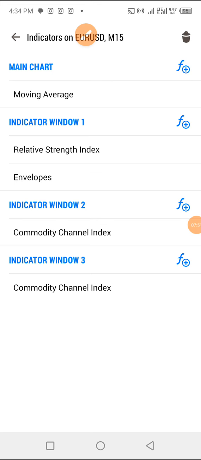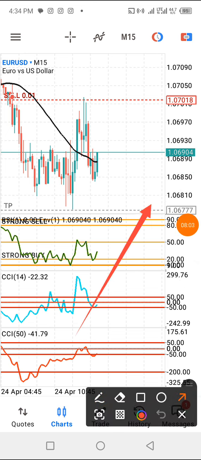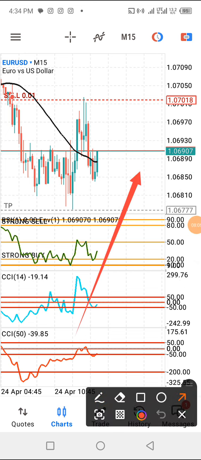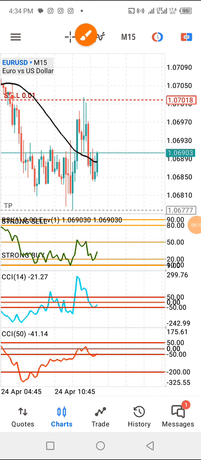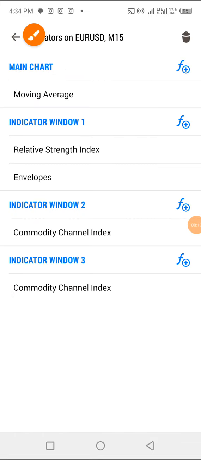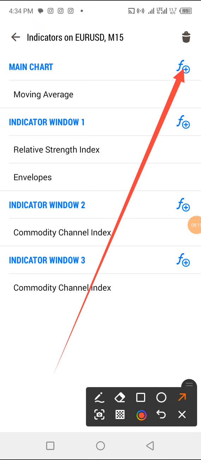The next one is window 2. On window 2, we add the relative strength index. You come up here and click on this icon. When you click on this icon, it will take you to where the indicator is. So you click on this very one here, the FX plus in the main chart.